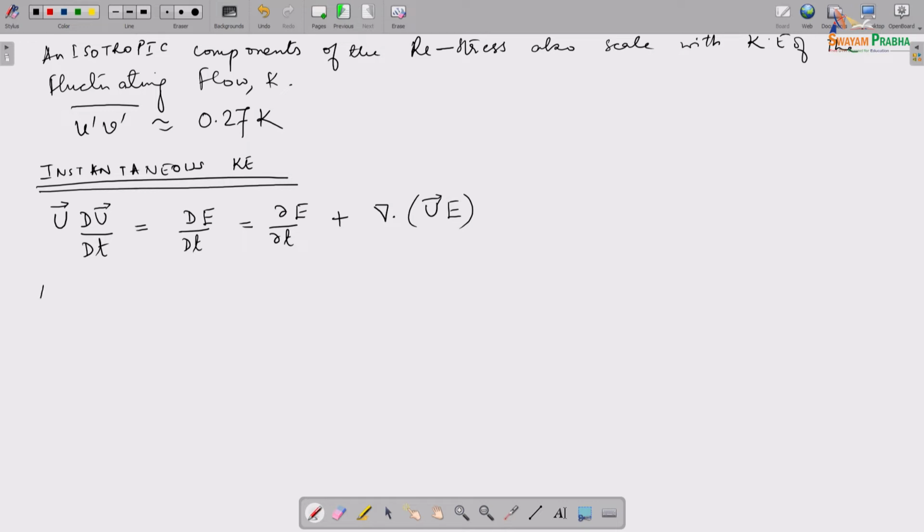Now, I'm going to just sort of, okay, is equal to, right, and tau ij is a stress tensor. Okay.